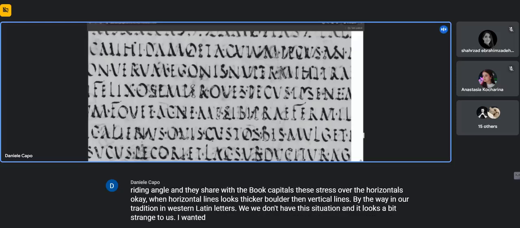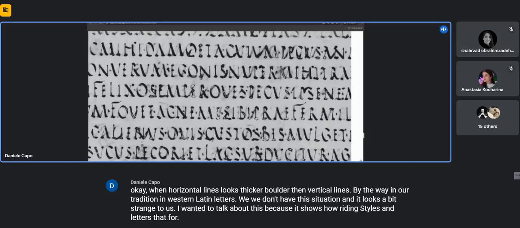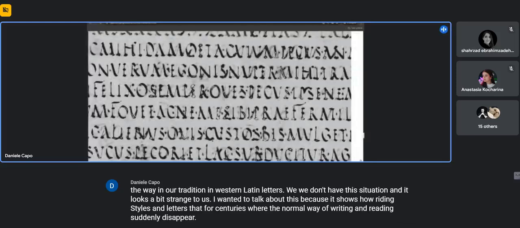I wanted to talk about this because it shows how writing styles and letters that for centuries were the normal way of writing and reading suddenly disappear and are not used anymore.